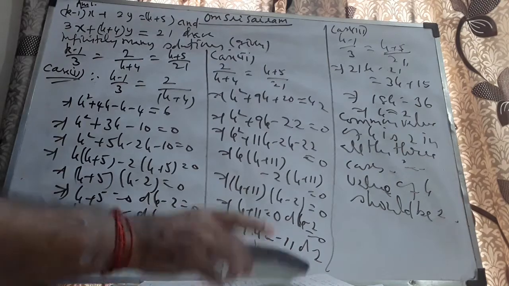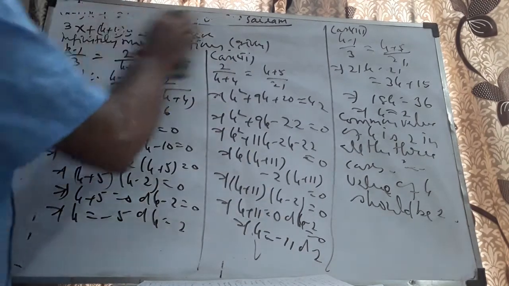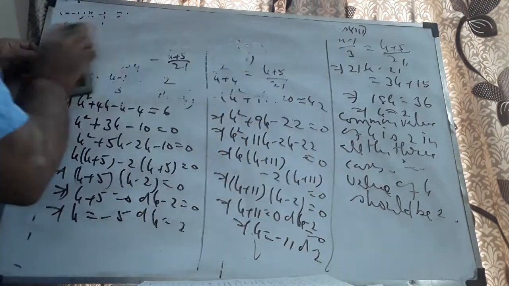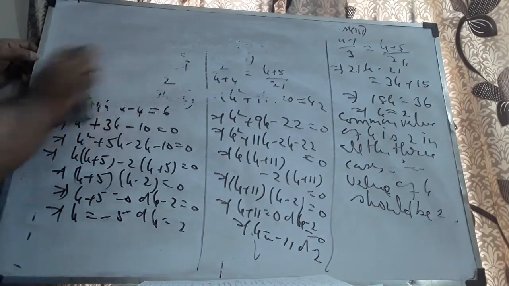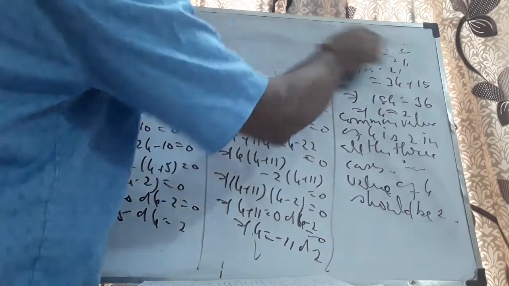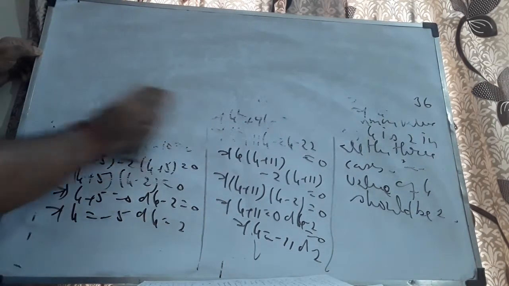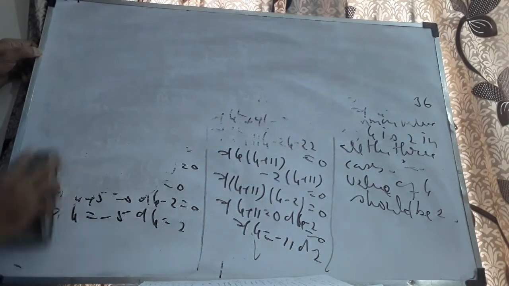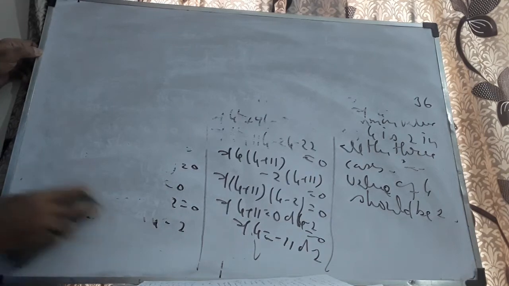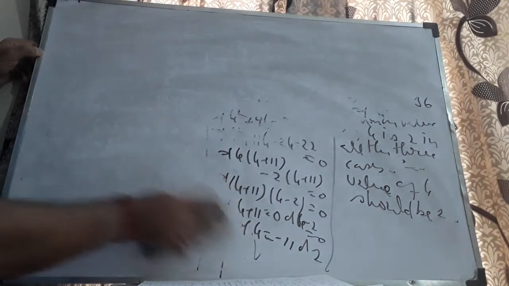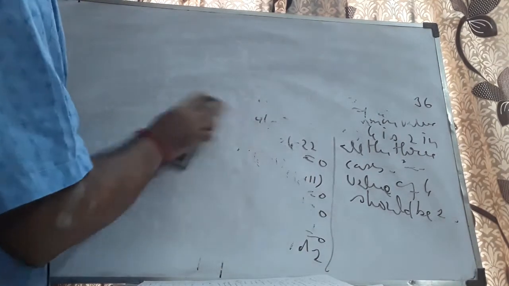Okay, you can even call this a HOTS problem, higher order thinking skills, because here you need to think about 3 different possibilities and you need to think about the common value of k in all the 3 cases. And as I already told you in one of the videos earlier, if there is no common value of k, it doesn't mean that the question is wrong.